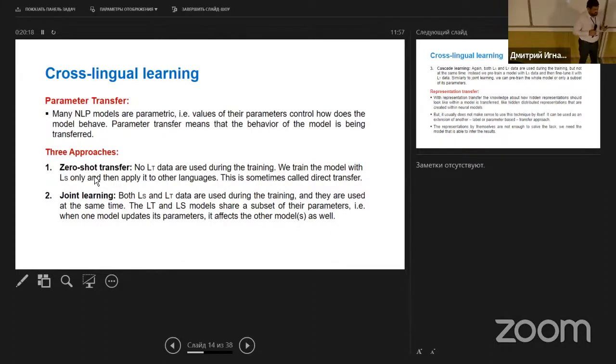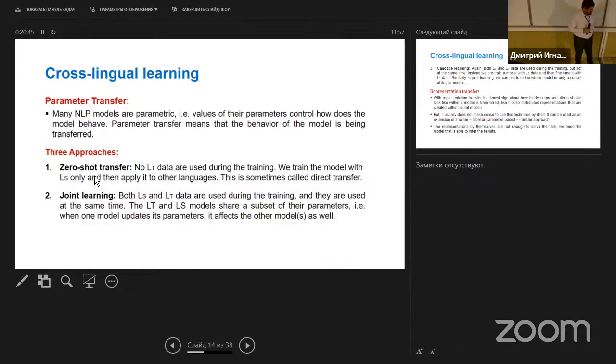But remember that this approach can be applicable for parametric models, parametric supervised learning models. Models like the CNT and any other that are non-parametric, we cannot apply this. So there are three approaches in this methodology of parameter transfer. The first one is zero shot, the second one is joint learning, and the third one is cascade learning.